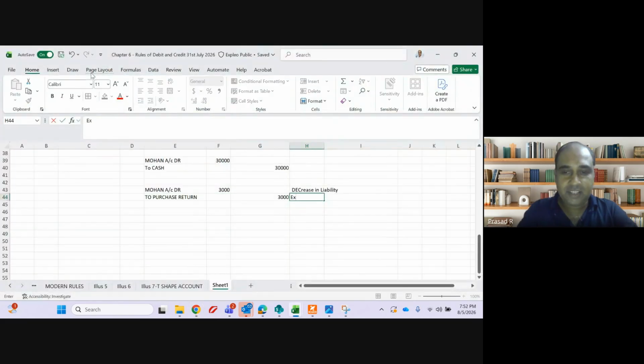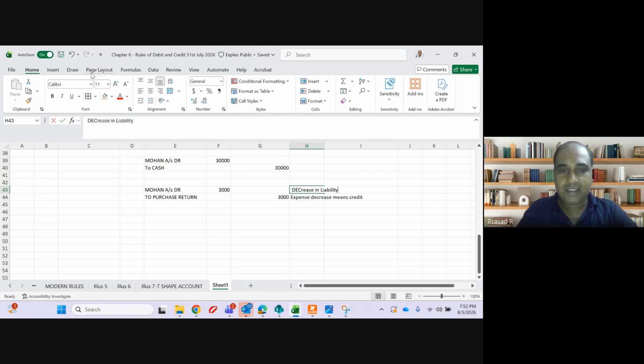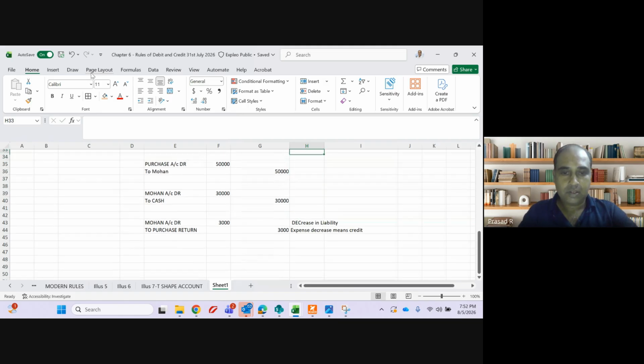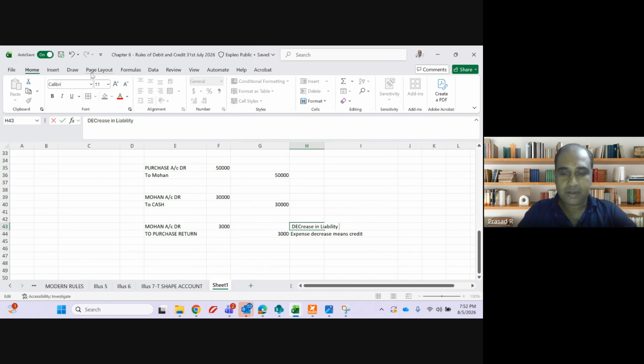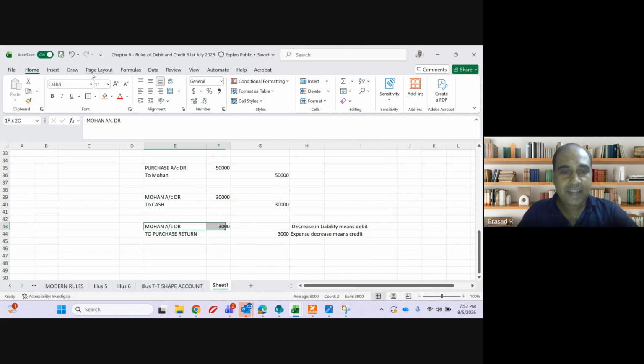When expense decreases, it means credit. Decrease in liability means debit. Okay. This is the concept, guys. Everything is conceptual. So now Mohan is debited or credited?